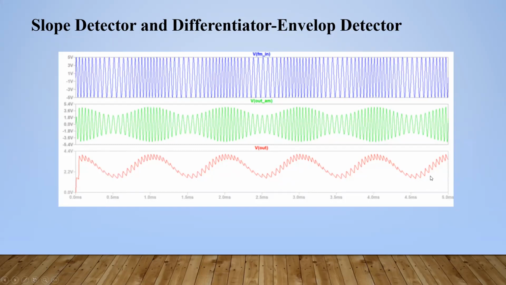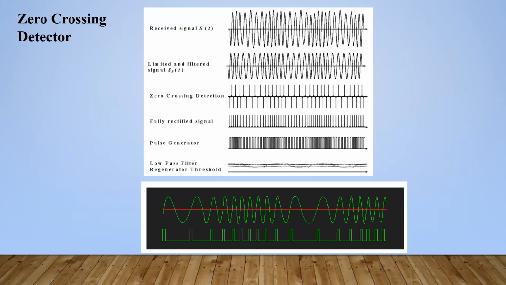The next one you have is the zero crossing detector. I think you have learned them in your classes because these are the things in your lab sheet. So okay, you have to learn. Here, with the zero crossing detector, if we are given a frequency modulated signal like this, it considers the zero crossing points, and finally it gives the pulse wave like this.